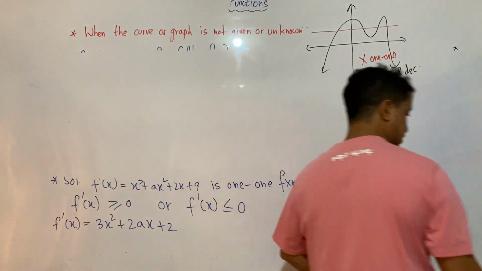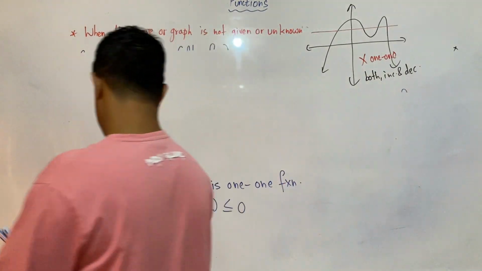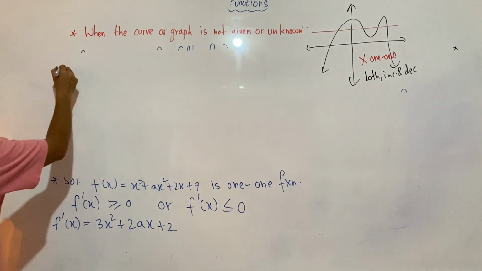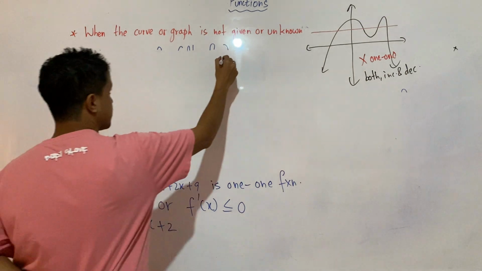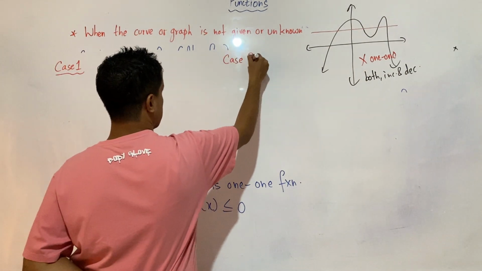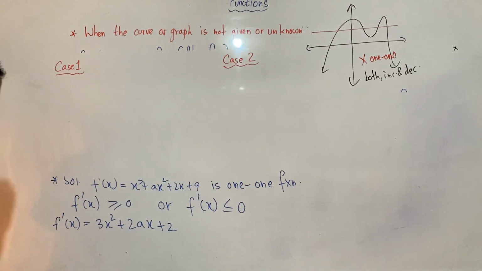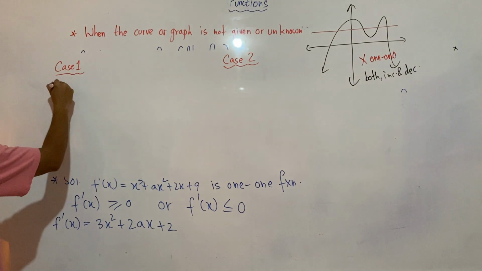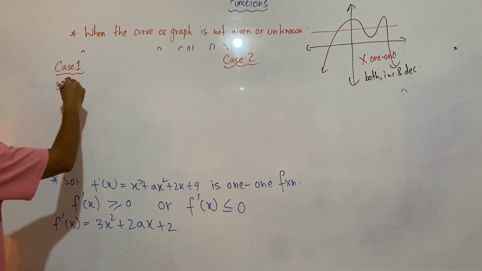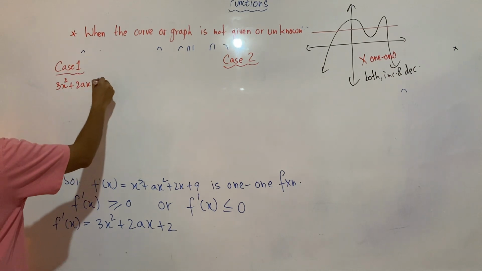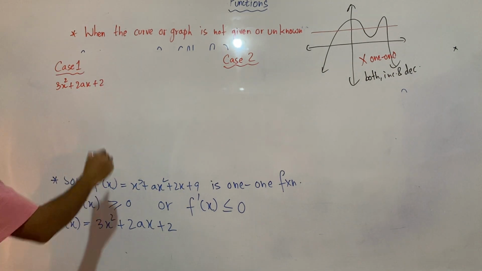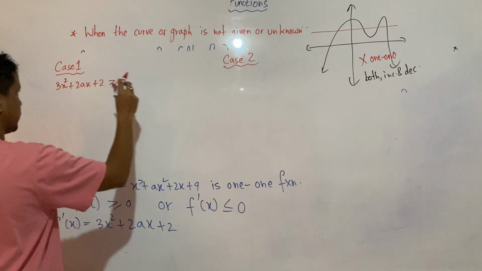Then we have two cases here. This is my case 1 and this is my case 2. Case 1: 3x^2 + 2ax + 2 is going to be greater than or equal to 0.